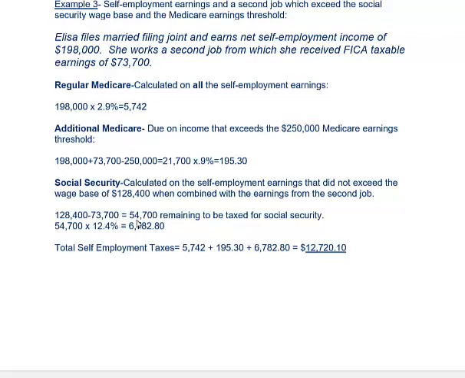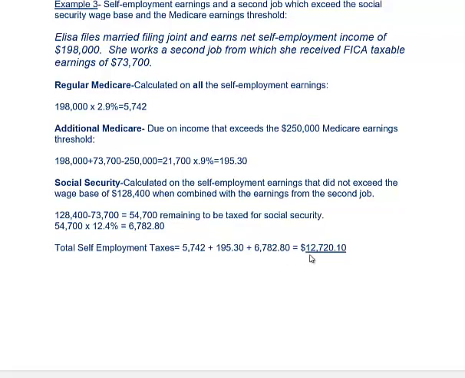When we do that, we get $54,700 in self-employment earnings that is taxable for Social Security. So 54,700 times 12.4% is $6,782.80. So now we will add up the regular Medicare, the additional Medicare, and the Social Security portion of self-employment.